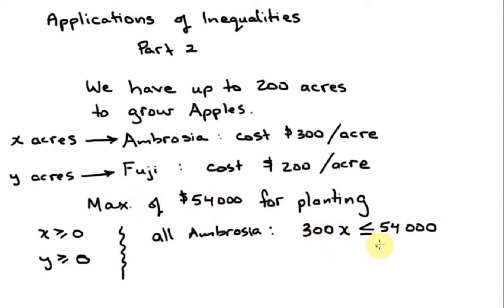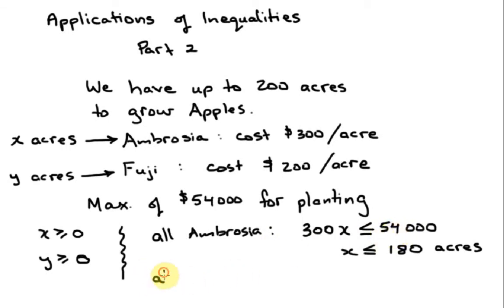So if I divide the 300 into the other side, that tells me that if I went all ambrosias, I actually can't plant all 200 acres because I would run out of money. I would have a maximum of 180 acres for the ambrosia apples. And that's simply because my budget isn't that big.